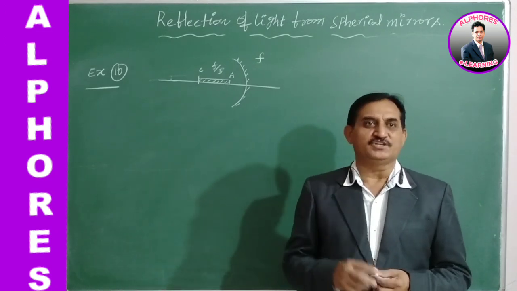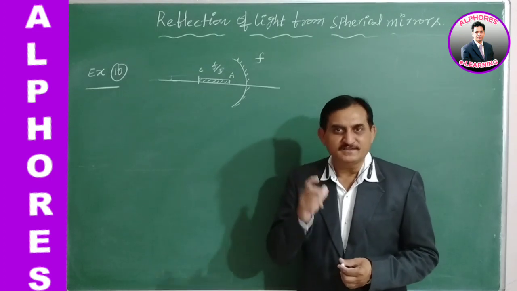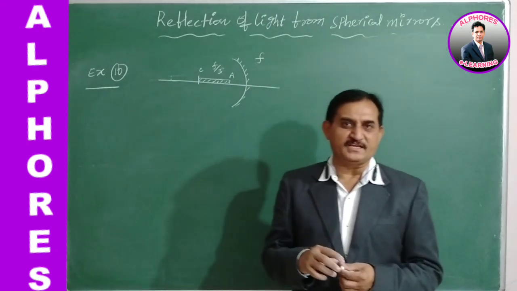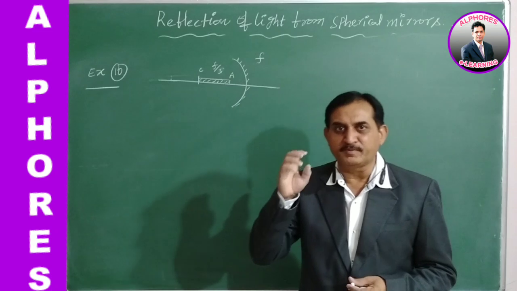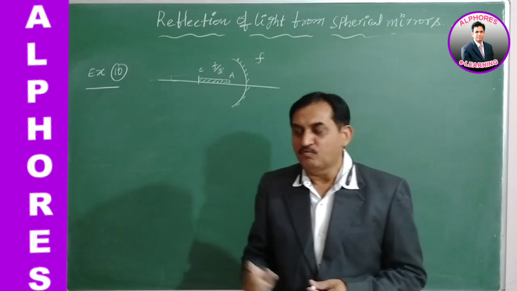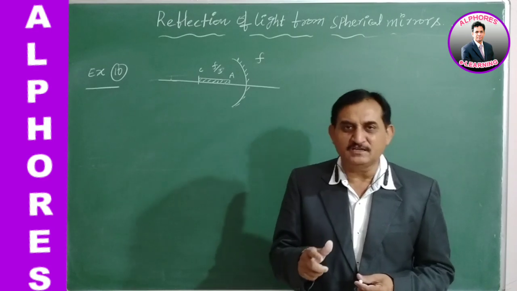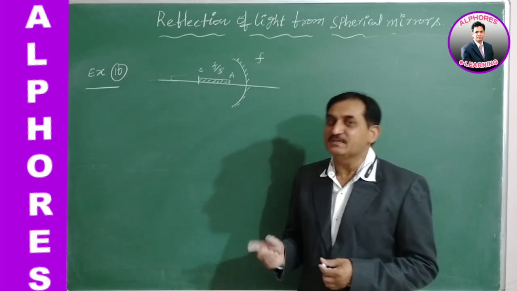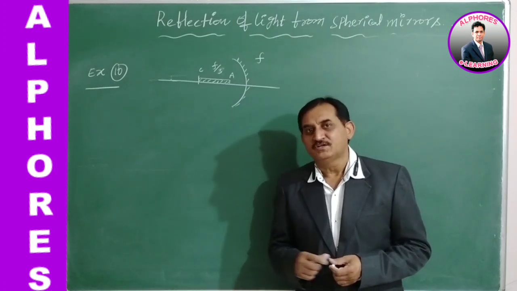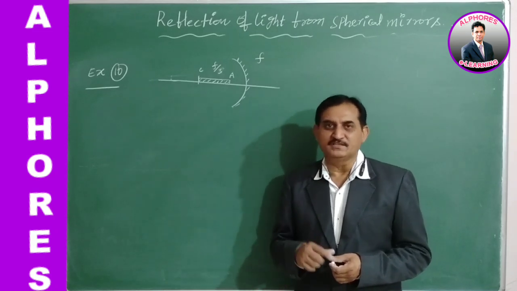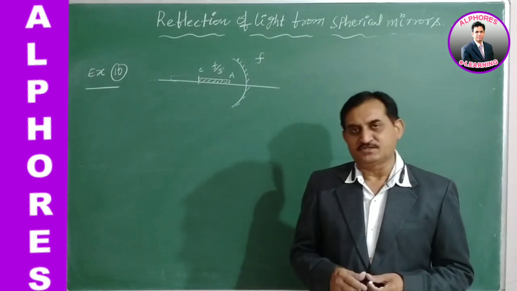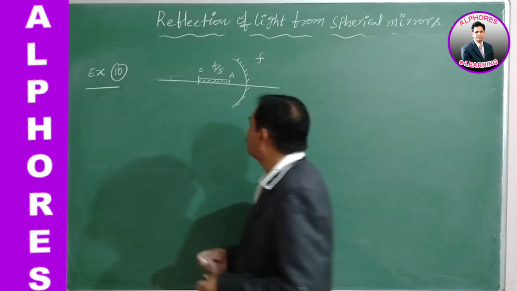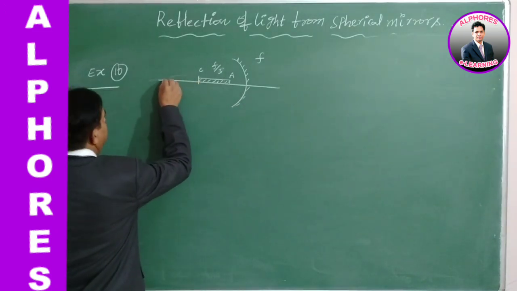So whenever the image touches the object along the principal axis, we immediately pick up this point. One end of the image then coincides with the end of the object, therefore the image is touched with the object. Therefore we are taking these corresponding images here.